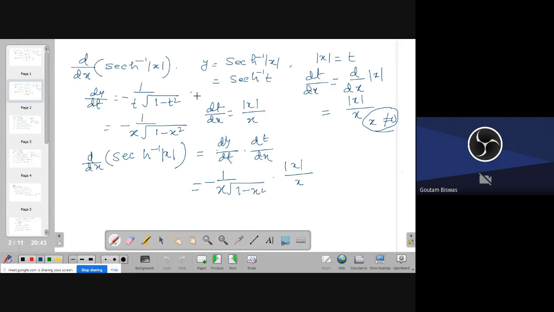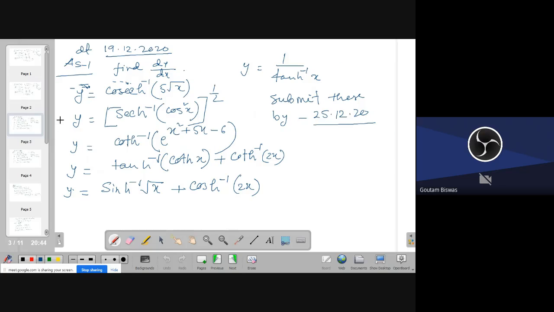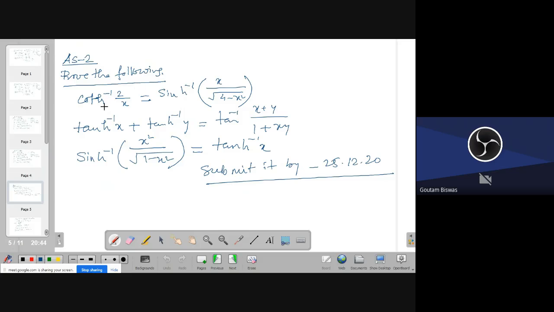Next one is, then number 2, Assignment 1. 1, 2, 3, 4, 5, and 6 by 25, 12, 20. Then number 3, Assignment 2. Okay, these 3.